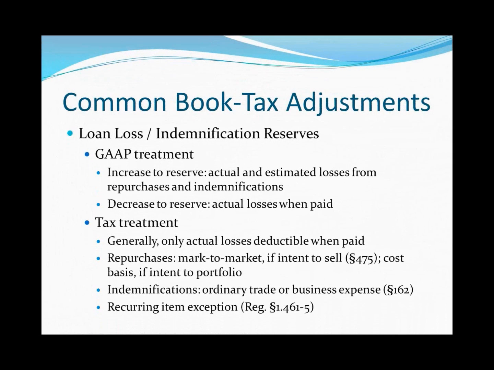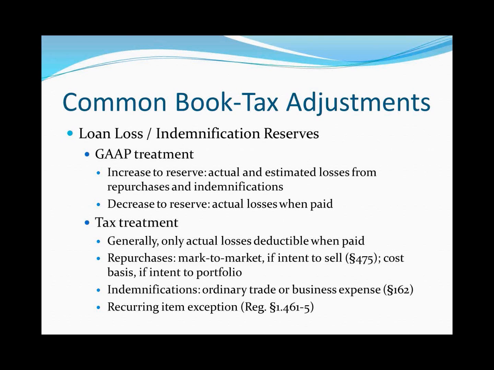All right, the last item I want to talk about is the loan loss indemnification reserves. The GAAP treatment obviously is that the reserve goes up for actual and estimated losses from repurchases or indemnifications. The decrease is actual losses, when paid. Generally, for tax purposes, we can only take a deduction for the actual losses when paid.